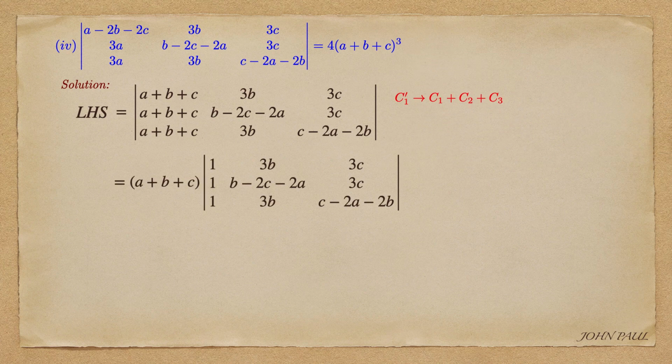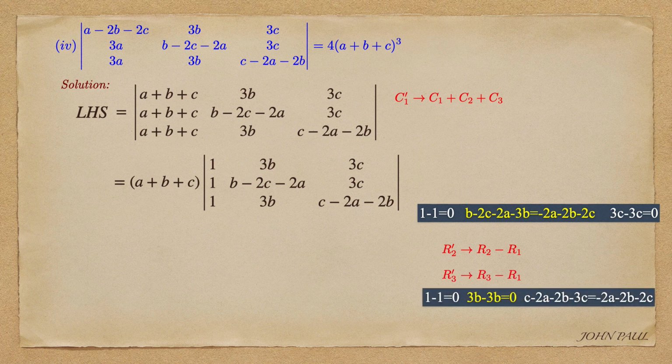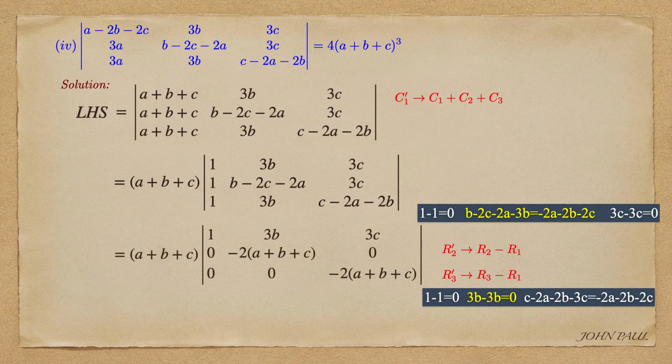We will get 1, 1, 1. Now by doing the row operations R2 minus R1 and R3 minus R1, we get 0, minus 2 into a plus b plus c, 0, 0, 0, minus 2 into a plus b plus c as the second and third rows.